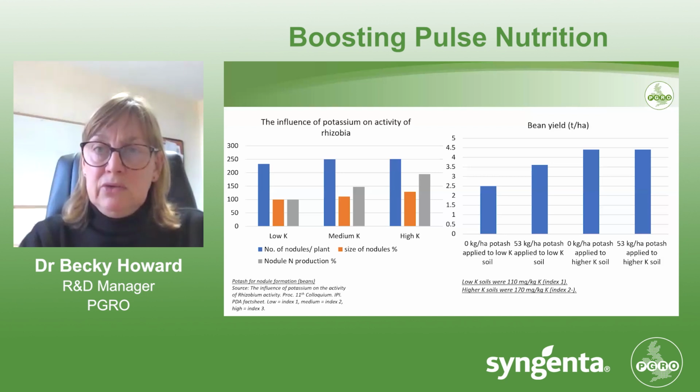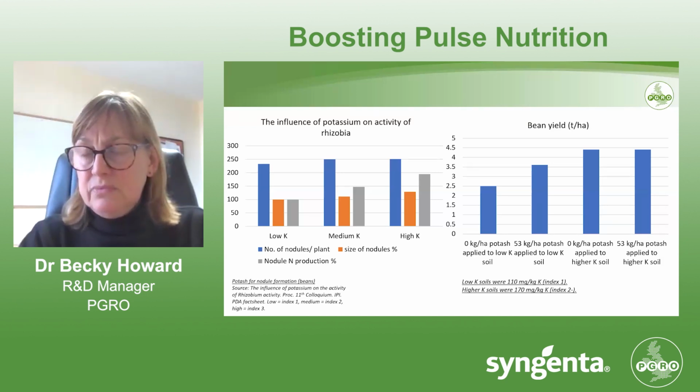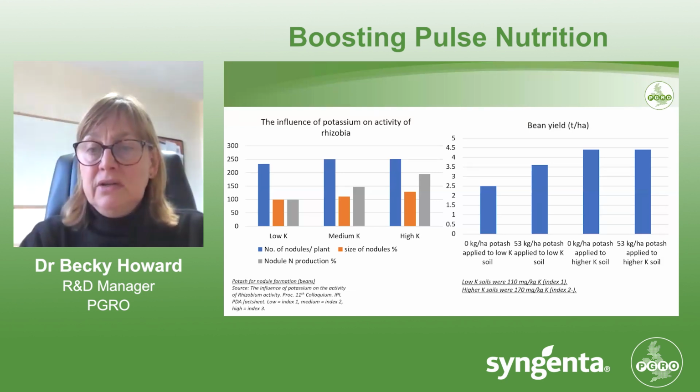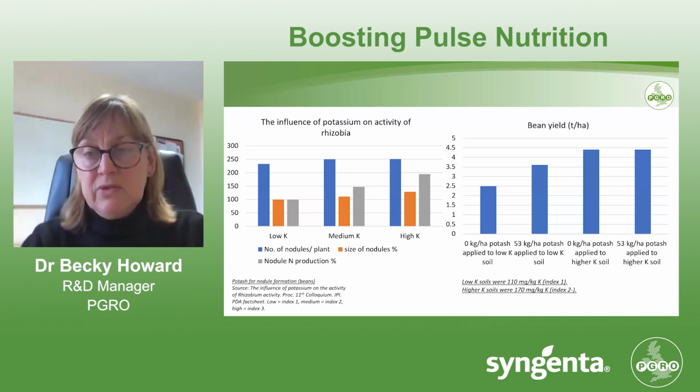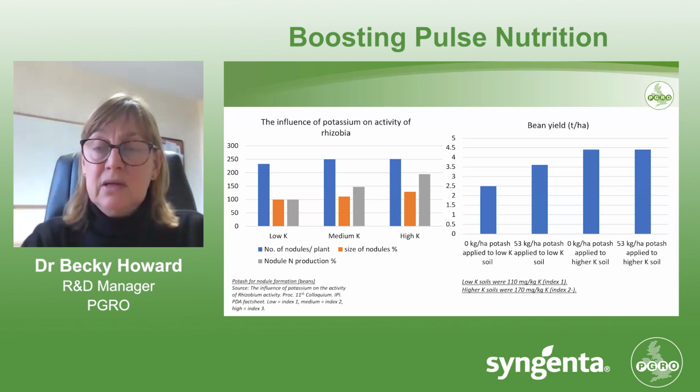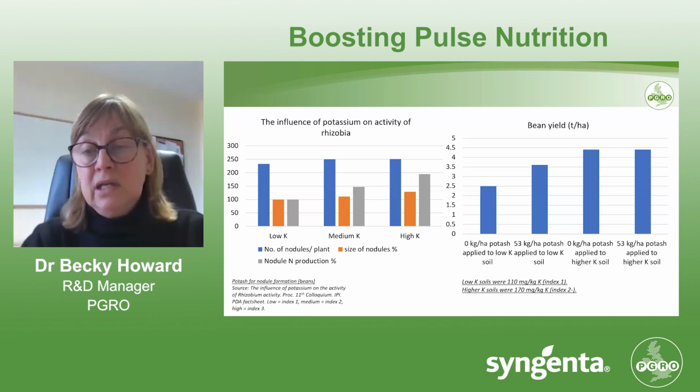But when we look at bean yield responses here, in field beans, we're looking at two different soil levels of K. The first is at index 1 on the left, so that's a low K soil, the two bars on the left, and then we're looking at an index of 2- on the right. And then there's a 0 application of potash compared to 53 kilograms per hectare of potash applied.